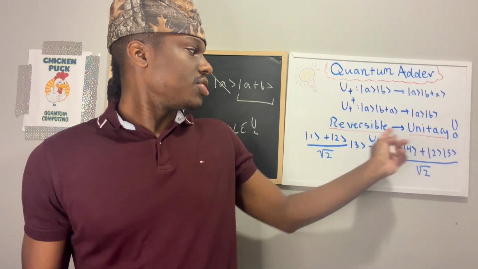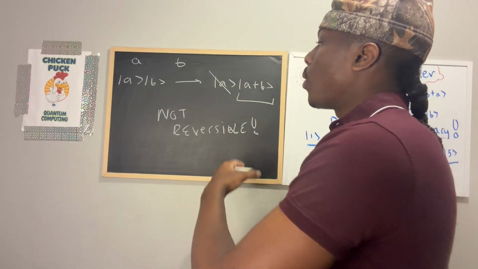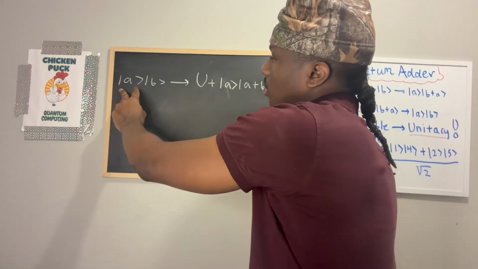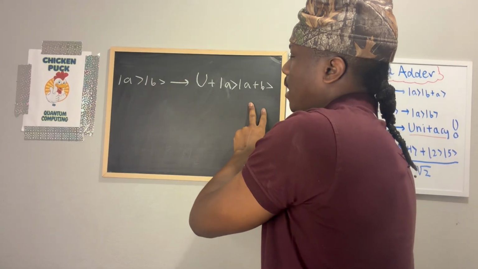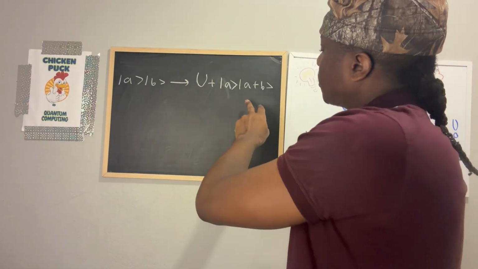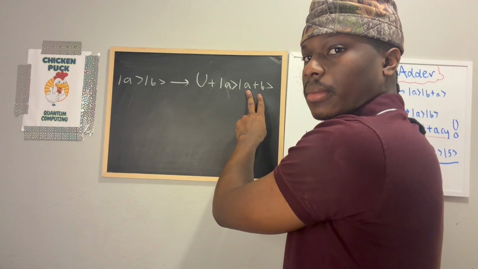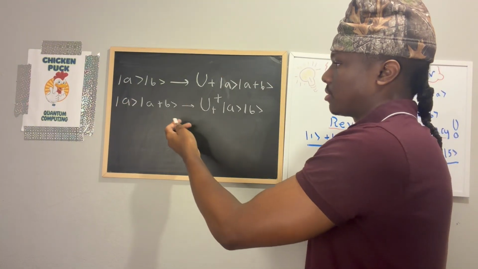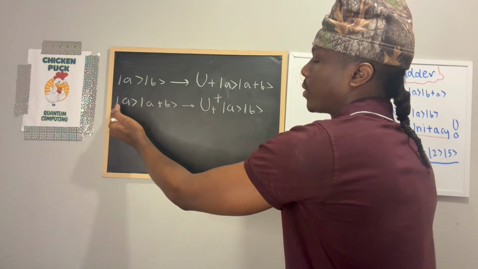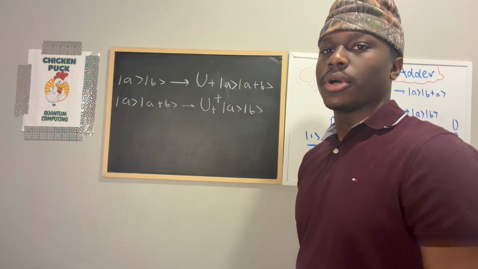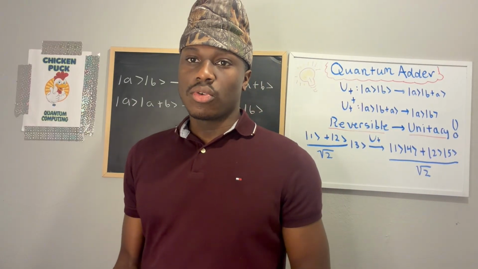Unitary operations are reversible, so we want to preserve enough information to reverse the calculation. Looking at this transformation, if I wanted to go back, all I would have to do is subtract A from here, right? We could reverse it. Taking the conjugate transpose of this unitary, we reverse this calculation and go back to the initial input. That's the fundamental idea of a quantum adder.